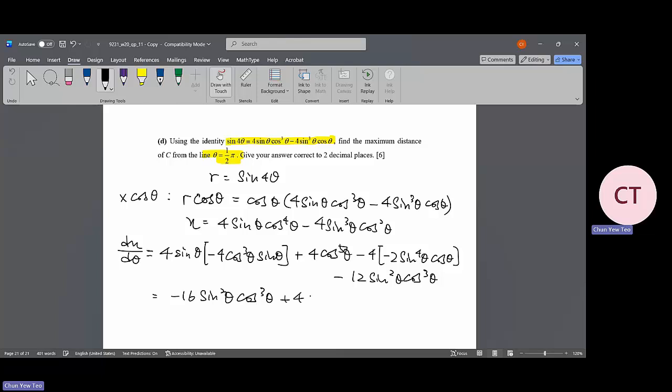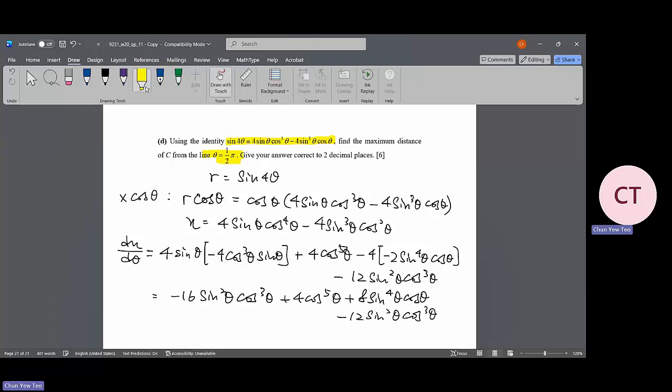plus the 4 cos power 5 theta plus 8 sine power 4 theta cos theta, and minus a 12 sine square theta cos cube theta.